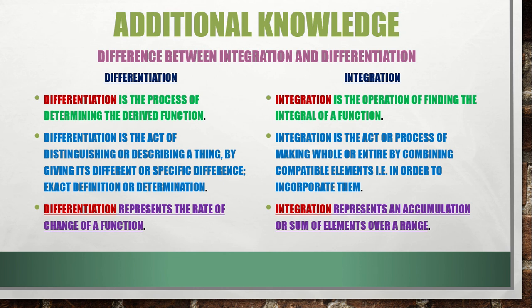That is also integration. But in your case, I'm only confining it to what you know. There must be a range. And also, to confuse you more, the range can be from negative infinity to positive infinity. With that infinity range, it's also a range. That firmly tells me that integration represents an accumulation or sum of elements over a range. There must be a range.